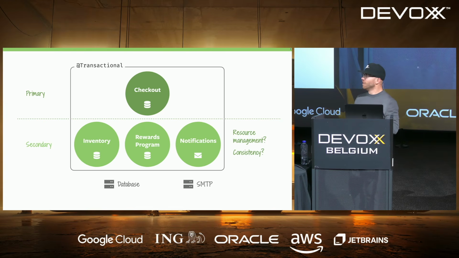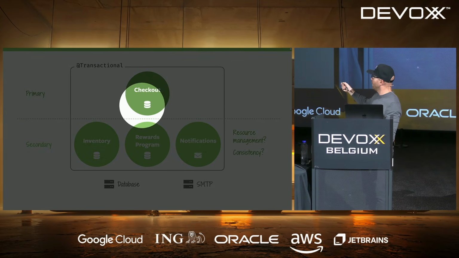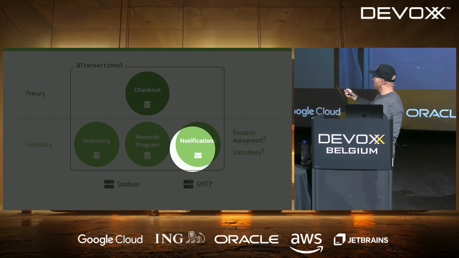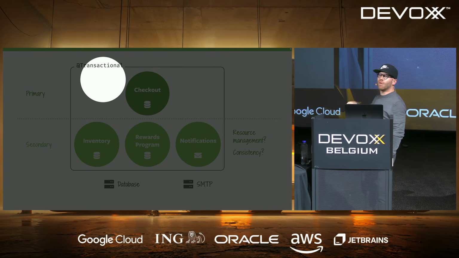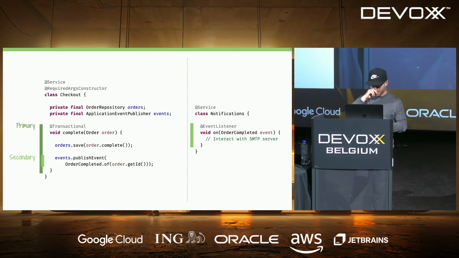First and foremost, because what happens if we write to the database, we send out that email successfully, and then someone pulls the plug and the transaction is gone? So it's rolling back, it's not committing. Then we have sent out the email, but our system is still in the state before the actual checkout was triggered.